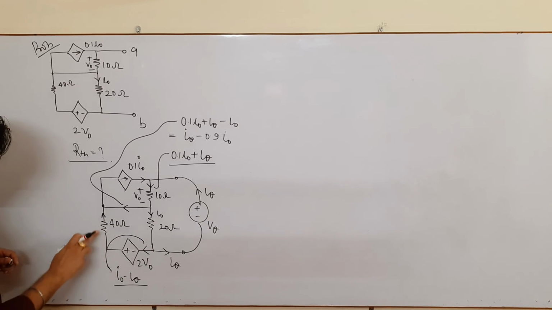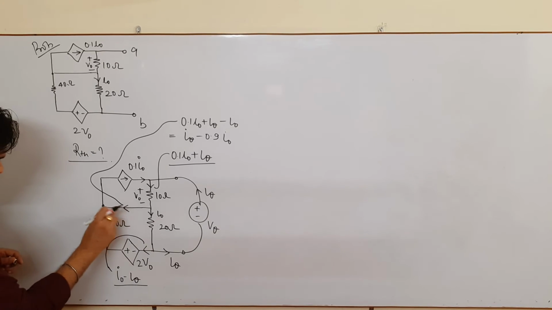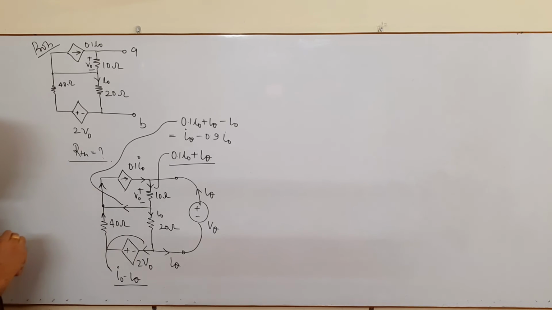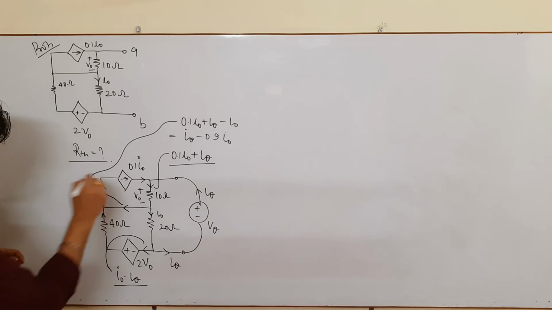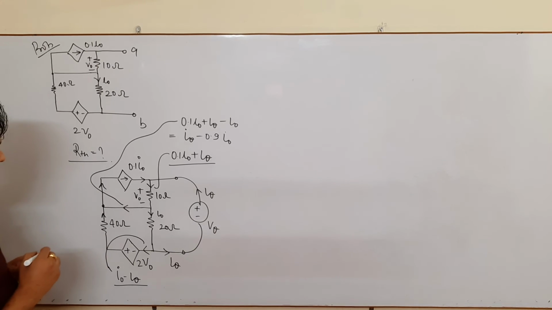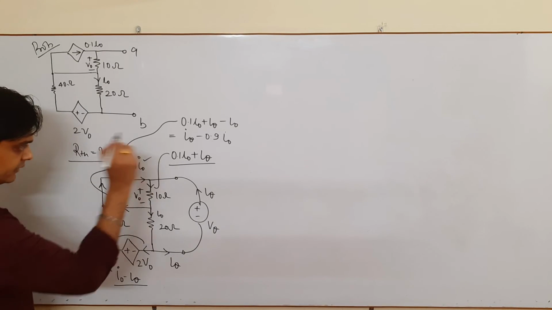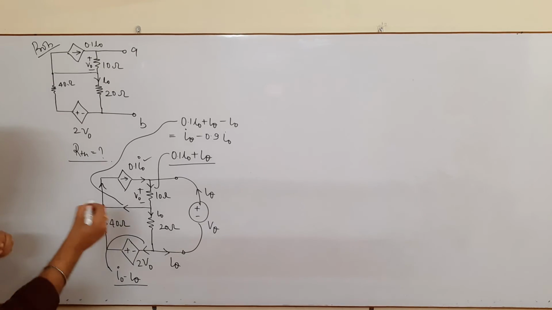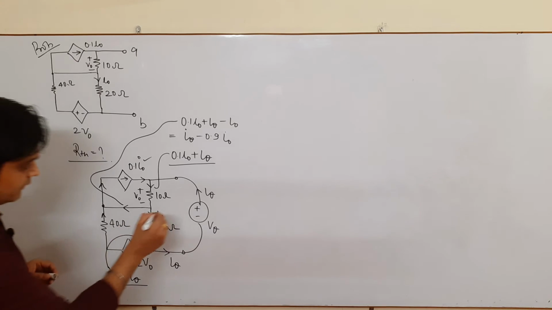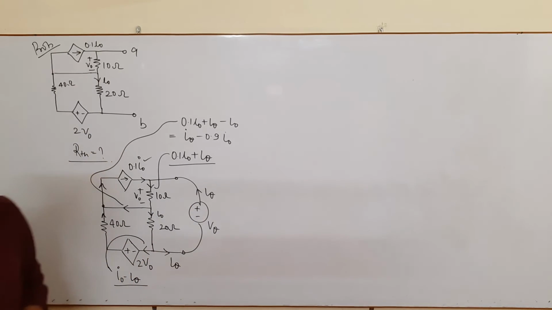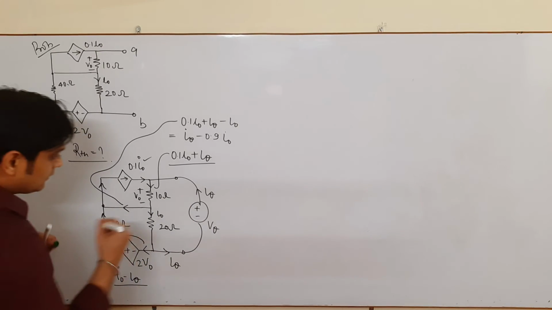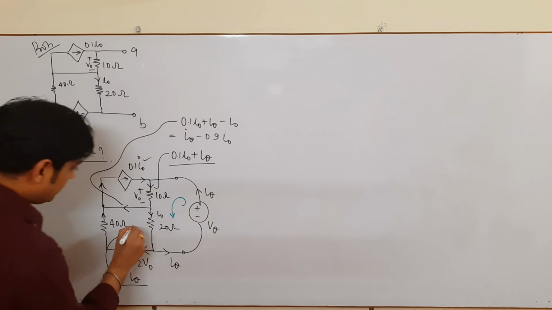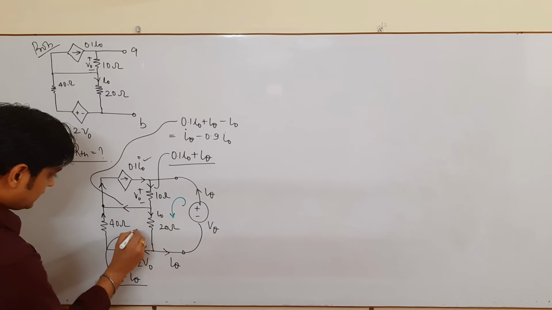Now here the current is coming I naught minus I theta. When these two currents are added, what is the current here? That current again comes to be 0.1 I naught. Okay, so I can say our current division is correct. Now what I am doing, I am applying 1 KVL here and 1 KVL here.